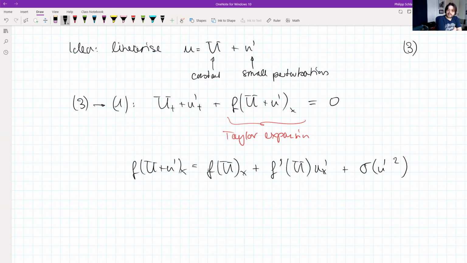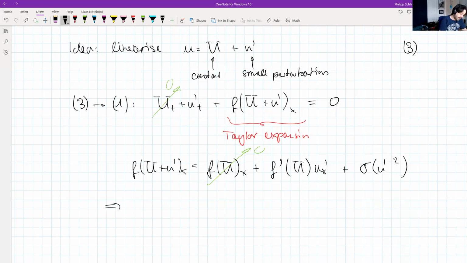So this here is now a Taylor expansion of this nonlinear term. So that means if I put everything back, I realize that either I can do it in this way, that I say that these two are independently zero because they're constant, or if I say that my base state U is just independently fulfilling also the Navier-Stokes equations, these guys together will drop out.